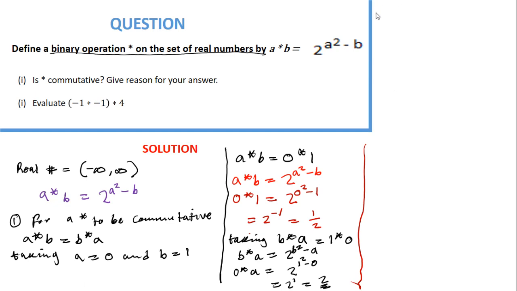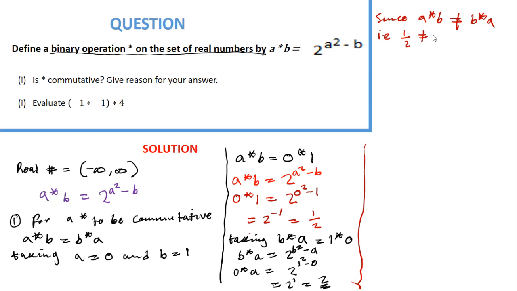So you're going to write your statement, which is very important. You say, since a star b is not equal to b star a, such that a star b was half, which is not equal to 2.